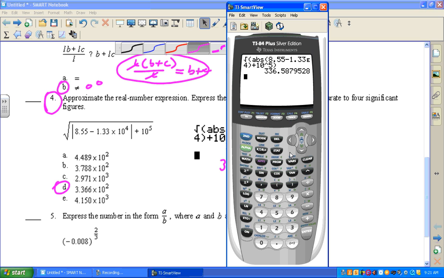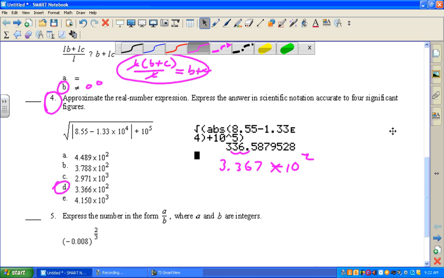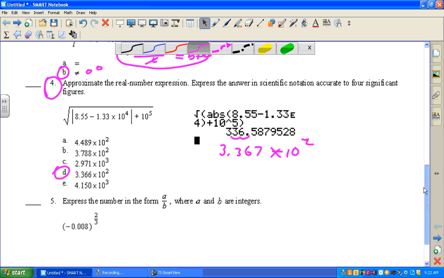Try by the comma. You have to hit second, and then comma. You didn't find it? It's in the middle of the calculator. There you go. Good. All right. So, did you get it? Fantastic.